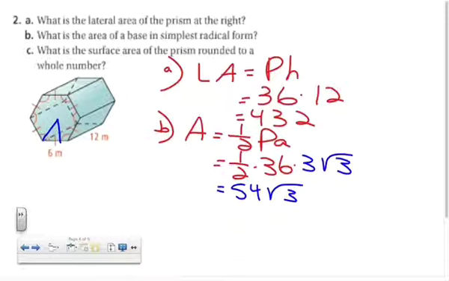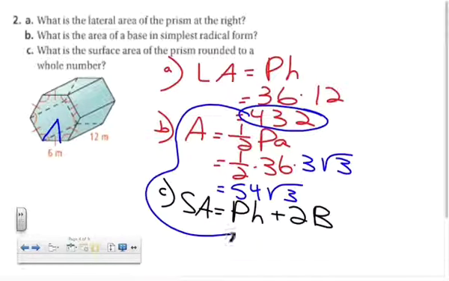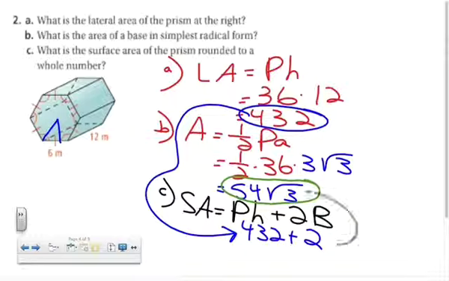And then finally, they're asking for the surface area of the entire thing. That's, remember, surface area equals pH plus 2 capital B. Well, remember, we already found what pH was. It's here. So that's 432. Plus 2 times, again, remember, we found the area of the base. We found it here.